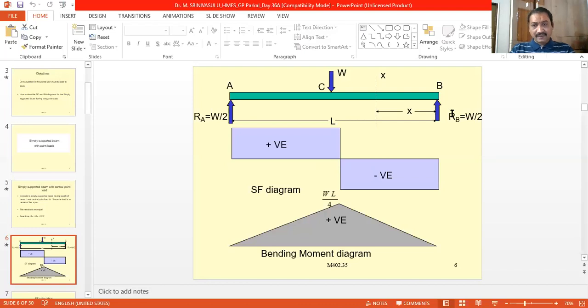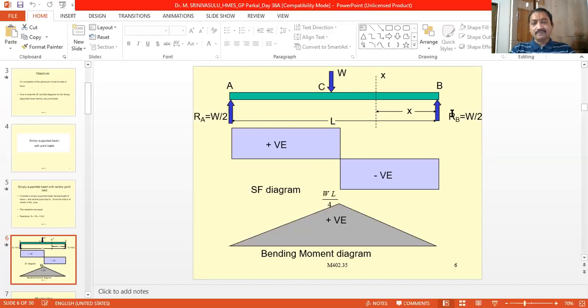Also, the algebraic sum of the moments of all the forces about any point in the plane of the body is equal to 0, if the body is in equilibrium. So they are called the equations of equilibrium.